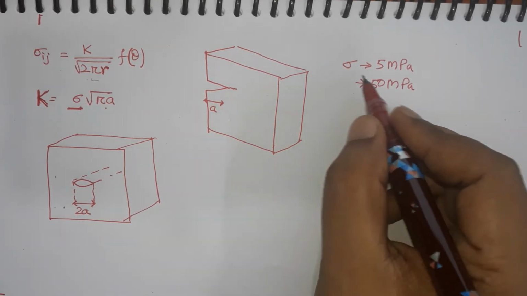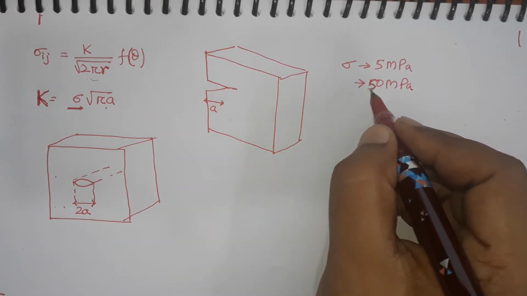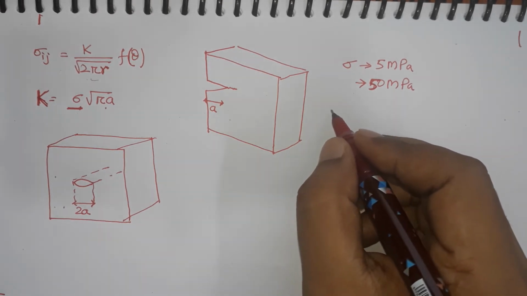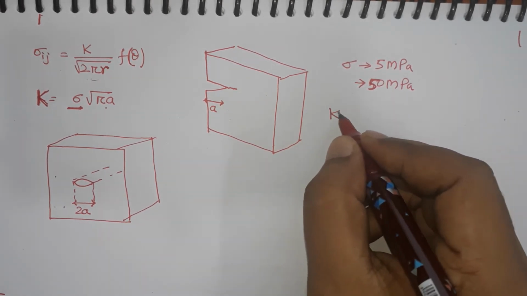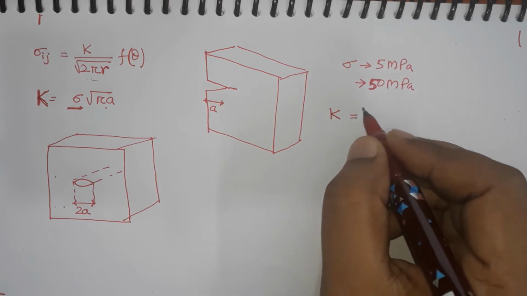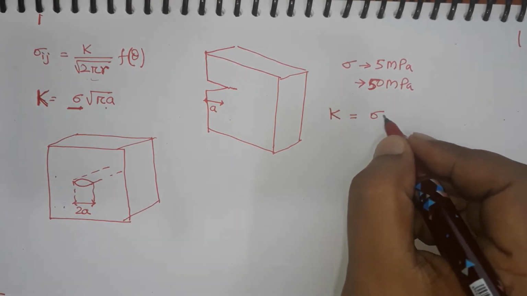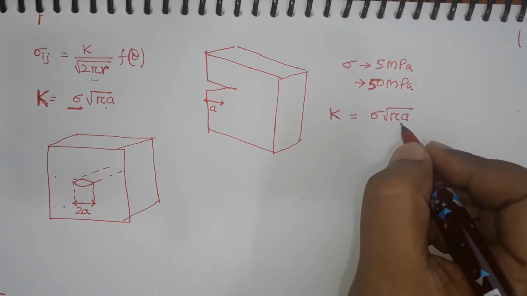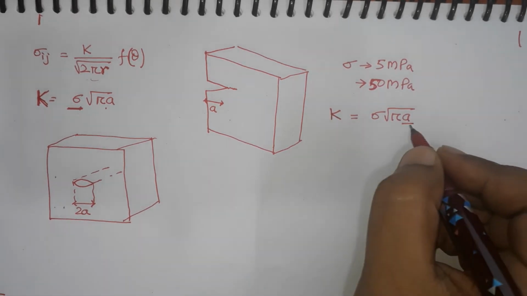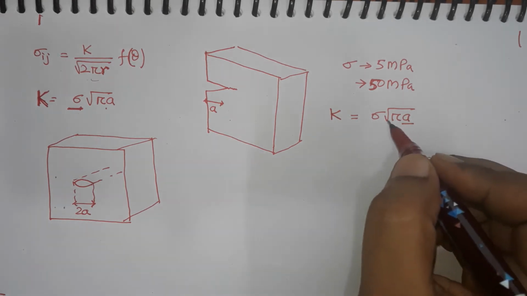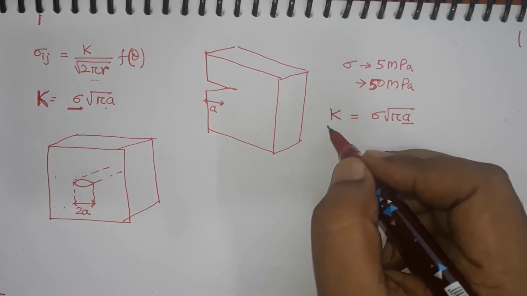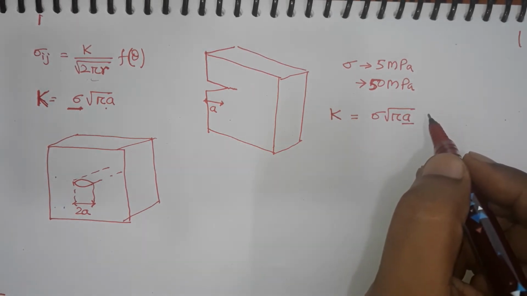So, something happened at some critical value of stress, meaning that something happened at some critical value of stress intensity factor, right, because if you are changing the value of stress, then you are also changing the value of the stress intensity factor. Crack length is constant as long as the crack is not growing, and therefore, with increment in stress you will be having a different value of stress intensity factor.